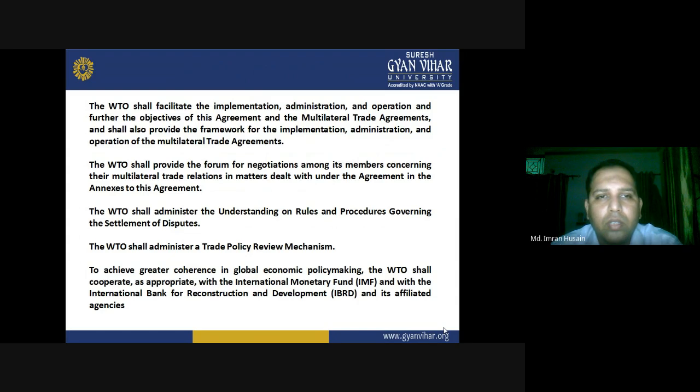The WTO shall facilitate the implementation, administration, and operation, and further the objectives of this agreement and the multilateral trade agreements, and shall also provide the framework for the implementation, administration, and operation of multilateral trade agreements. The WTO shall provide the forum for negotiations among its members concerning their multilateral trade relations in matters dealt with under the agreements in the annexes to this agreement.